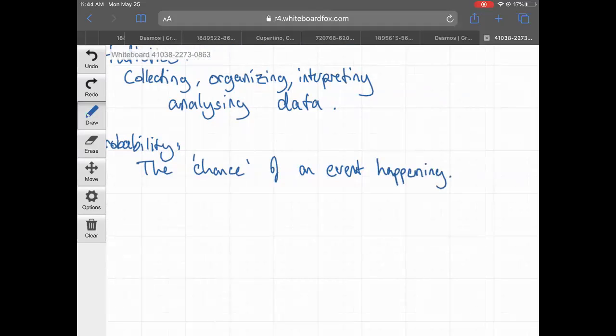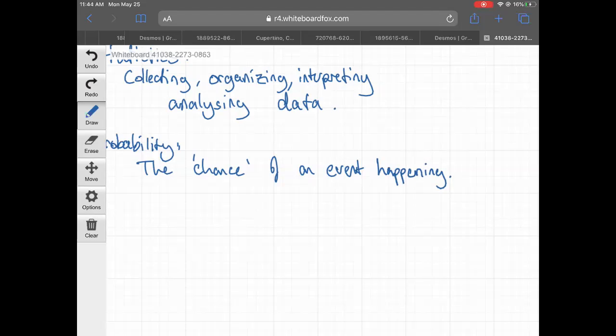That's one event. Or an event might be rolling a dice or picking a card, whatever it is. That's what we call the event. And the event then has a probability or a chance to occur or not occur. Maybe the event is, will it rain tomorrow? And there'll be a probability that it might rain tomorrow. So there'll be a chance of it raining tomorrow.